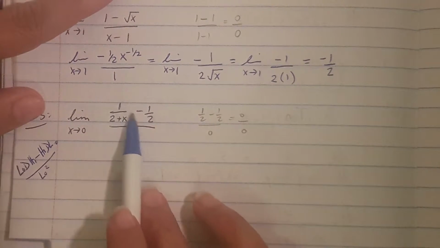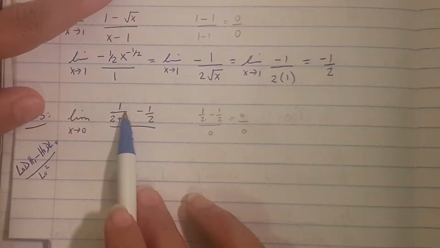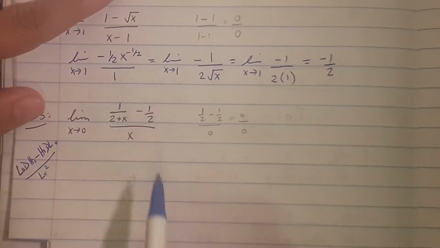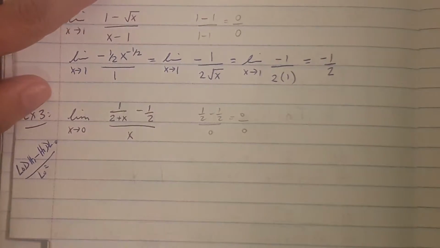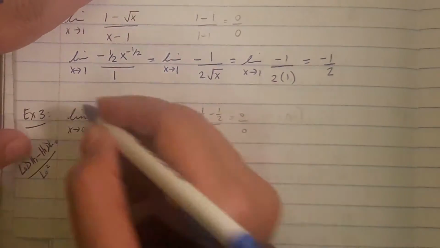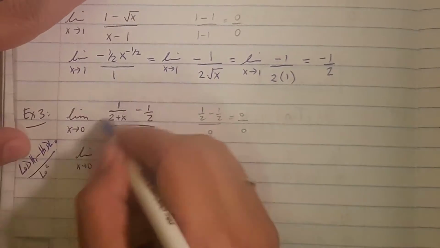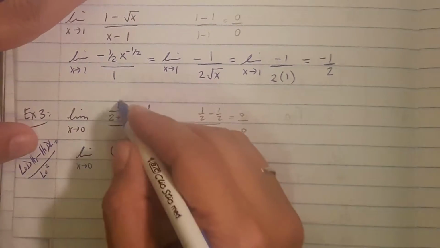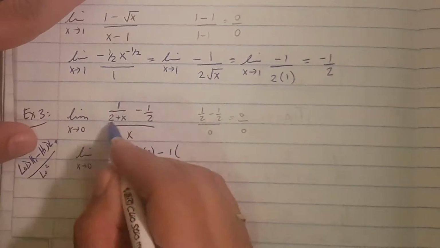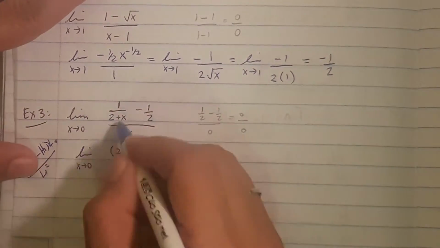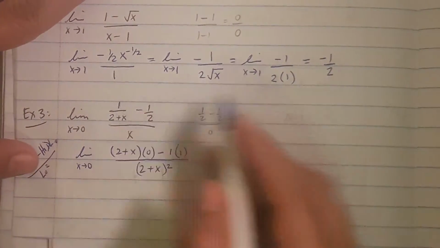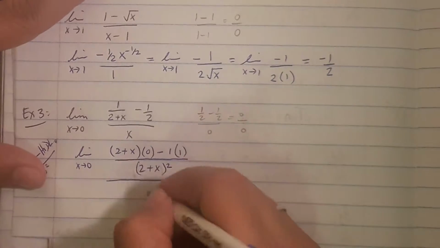Low d high, well, that negative 1 half is just going to be 0. So we're just taking 1 over 2 plus x. So low, which is 2 plus x, derivative of high, which is 0, minus high, 1, times derivative of low, which is 1, all over low squared, 2 plus x squared, over the derivative of the bottom, which is 1.